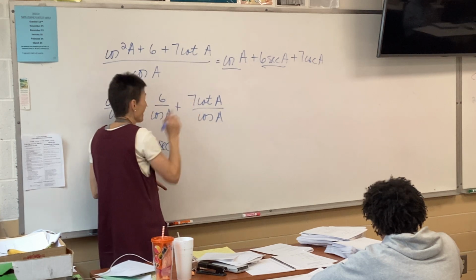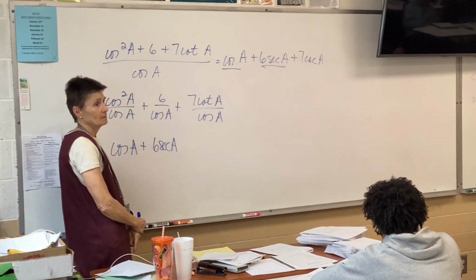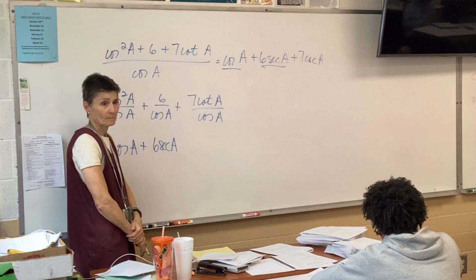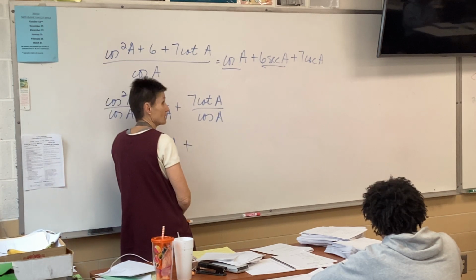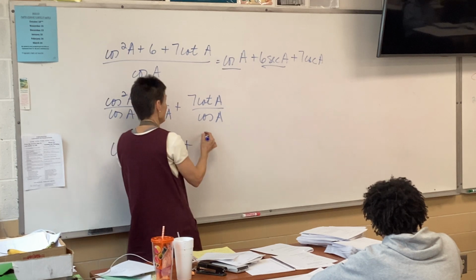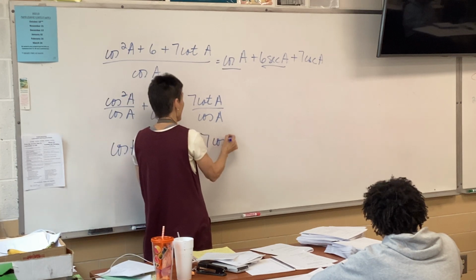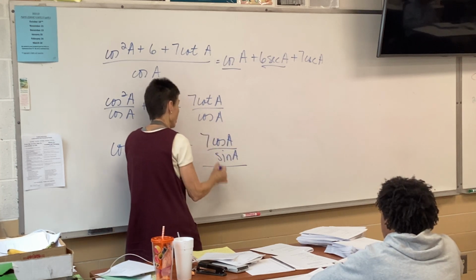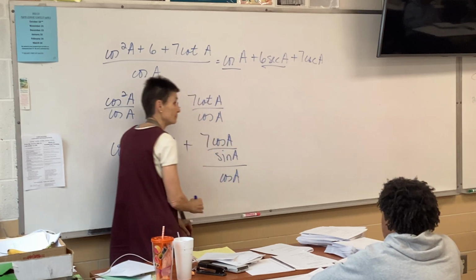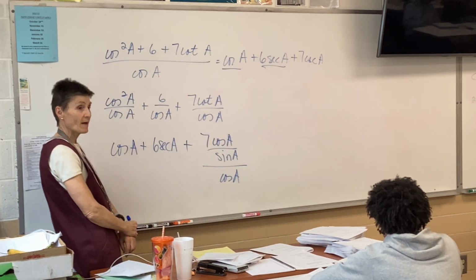So, what about that? What should I do with that? Change cotangent into cosine over sine, but it's still all over cosine. Would you agree with that?